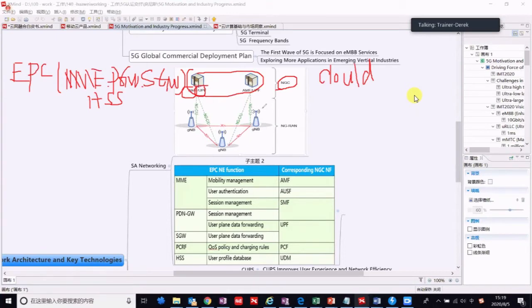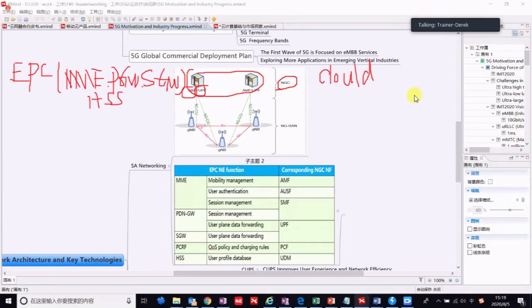It can utilize the network resources and meet the different requirements of users. So it's very flexible. It's programmable.